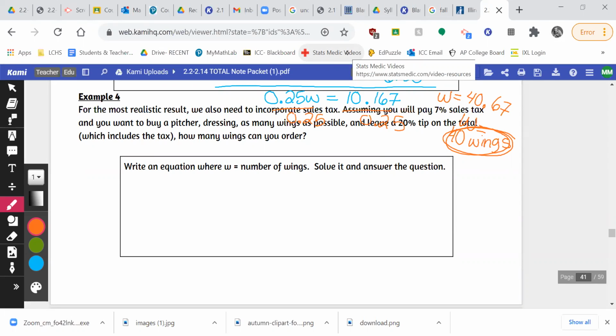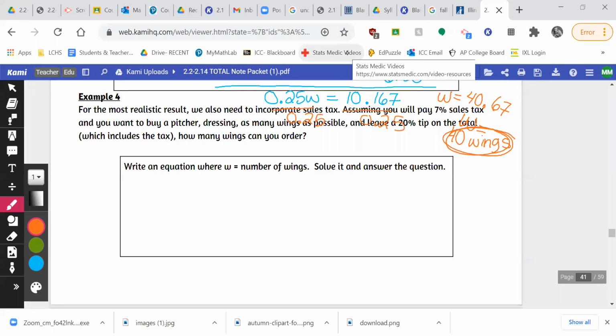Our next problem says for the most realistic result, we also need to incorporate sales tax. Assuming you will pay 7% sales tax and you want to buy a pitcher, dressing, and as many wings as possible and also leave a 20% tip, which includes the tax, how many wings can you order?